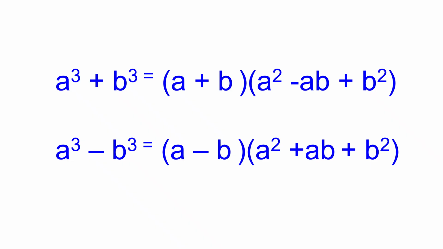The sum of cubes identity flips the sign. a plus b, a squared minus ab plus b squared. Use your SOAP rule here to verify the sign.